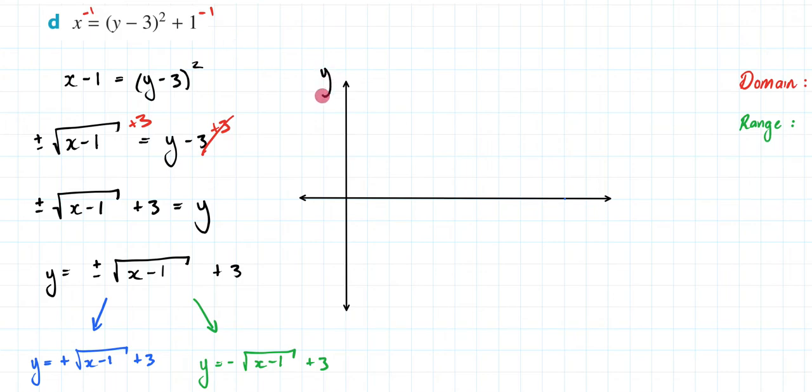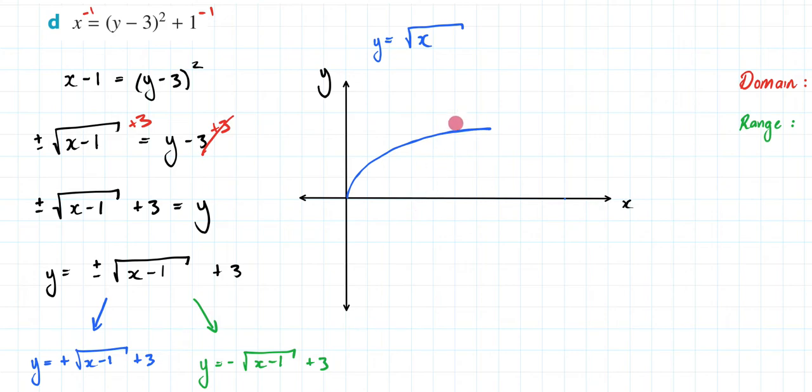So this will be my y-axis, this is my x-axis. The way that I'll go about this is by first considering what y equals the square root of x looks like. Y equals the square root of x is going to look like this.